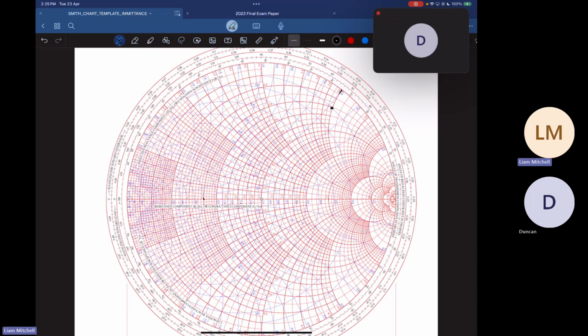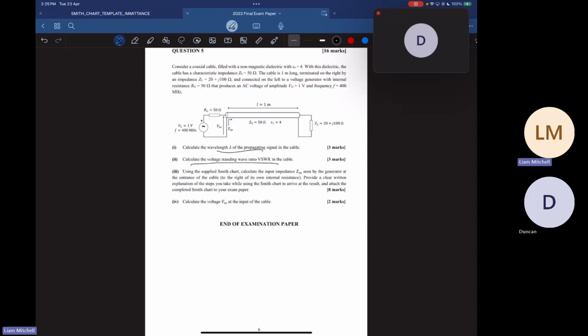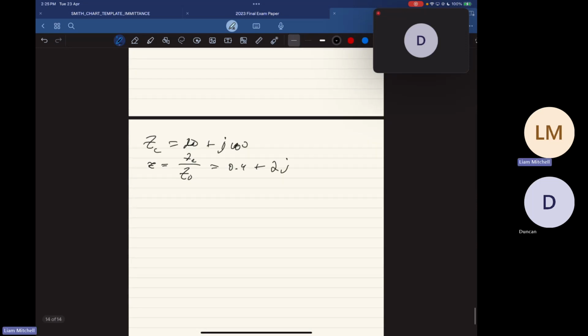Okay. And so what we do, we rotate it by the length of the cable clockwise, because we have a cable here, and it's 1 meter long. Actually, another supplementary information: the electrical length of the cable is 1 meter over lambda, which is 8/3 lambda.